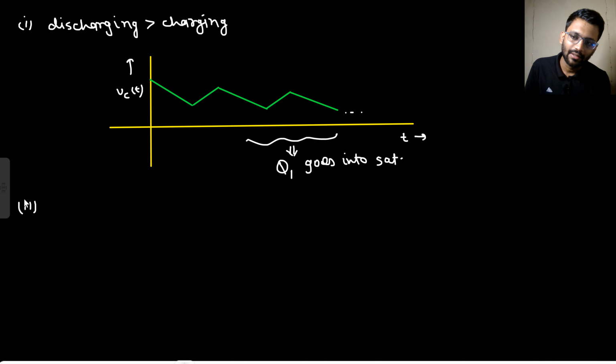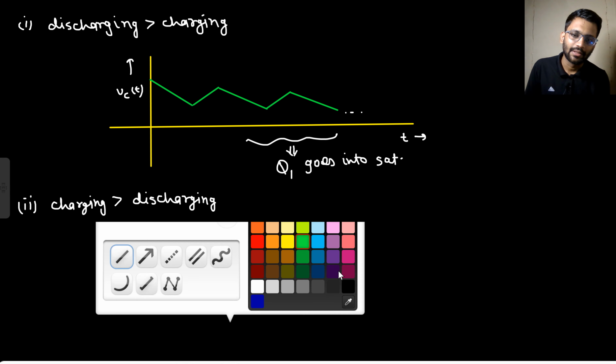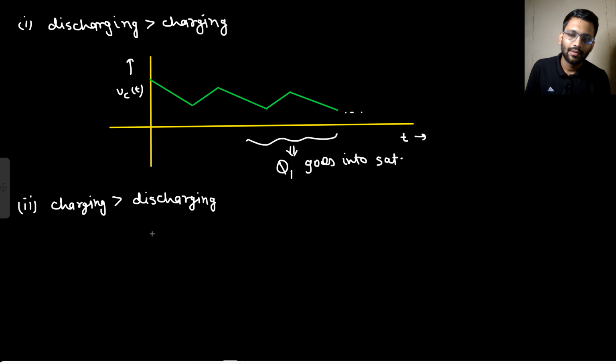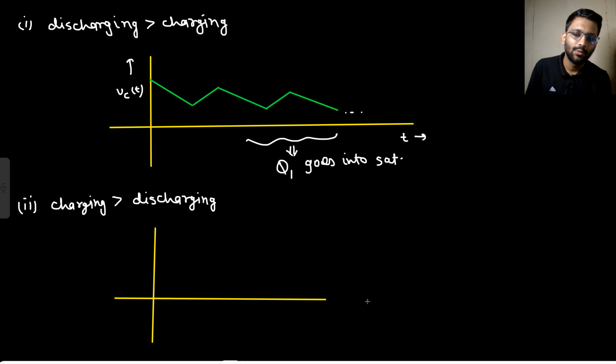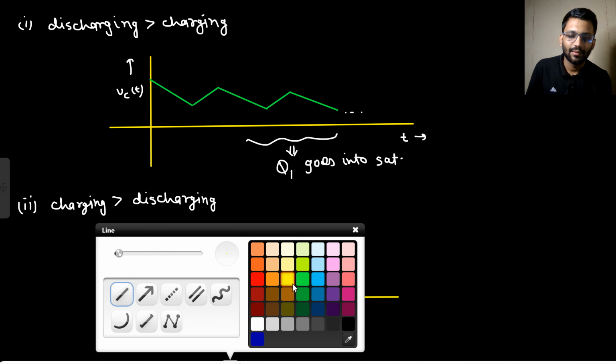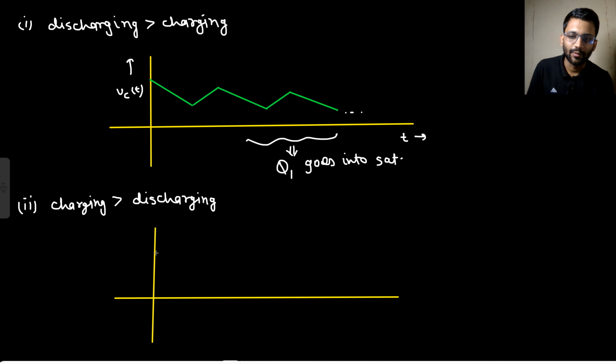Let's take the second one, that if charging is more, then what will happen? If charging is more than discharging, then Q2 will move towards saturation, right? Q2 will go into saturation. Because if charging is more, then how will your waveform go?